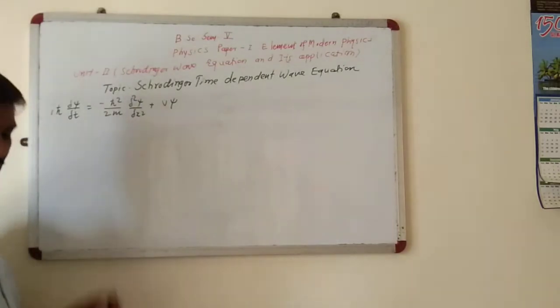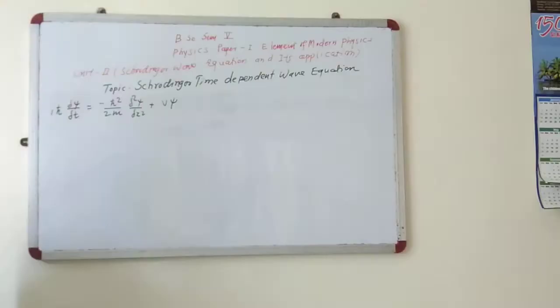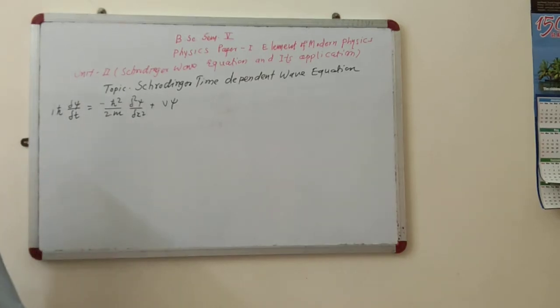By using this equation we obtain the three dimensional wave equation, for a free particle moving in a three dimensional box, or in three directions x, y, z.